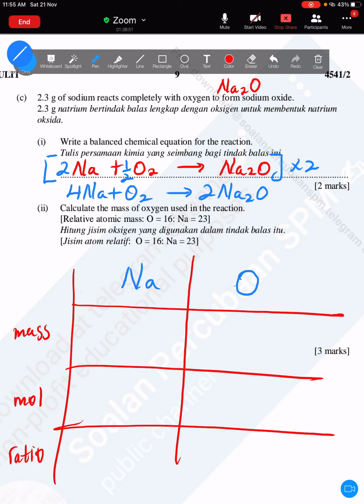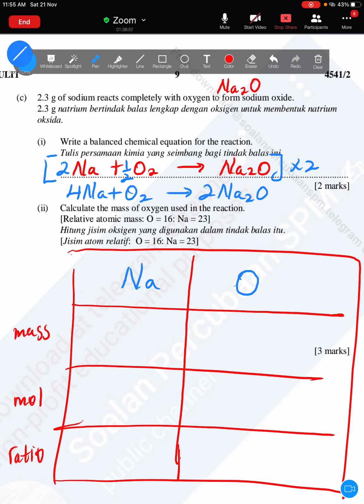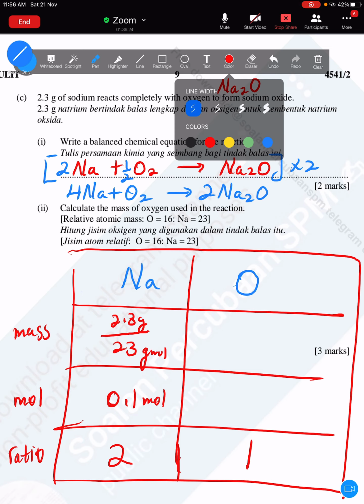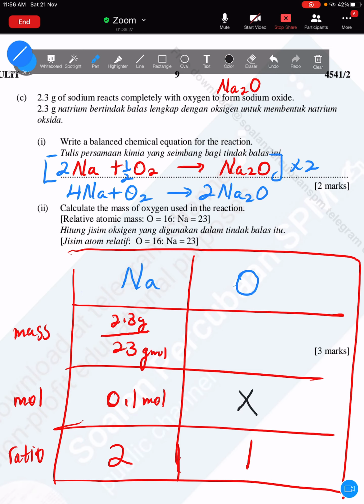In this case, you already know the ratio. It's actually a reverse calculation. You have 2 sodium over here and 1 oxygen. And the mass of the sodium is 2.3 gram divided by 23, which is the molar mass, gram over mole. On here, you do not know. Okay, tapa, you get 0.1 mole. And the mole of oxygen remains unknown. It is X.